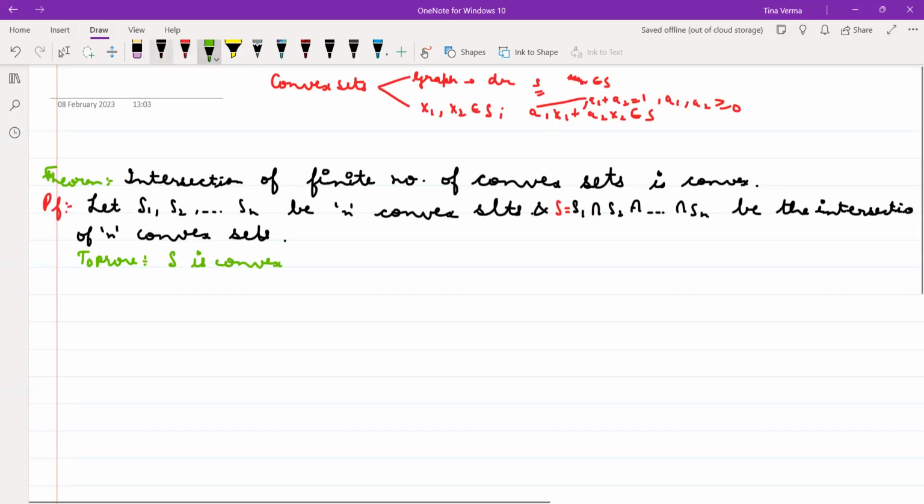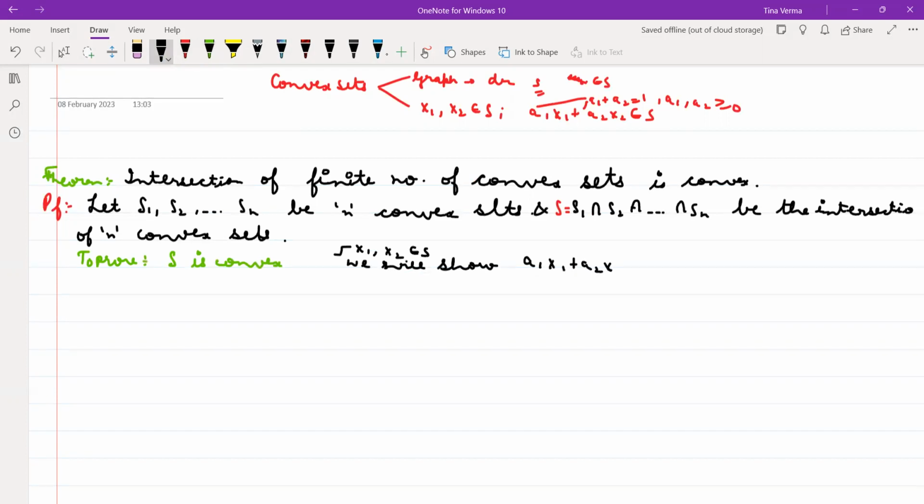To prove convexity, we take two points x1 and x2 from the set S, and we will show that the CLC a1 x1 plus a2 x2 also belongs to S, where a1 plus a2 is 1 and a1 and a2 are greater than or equal to 0.